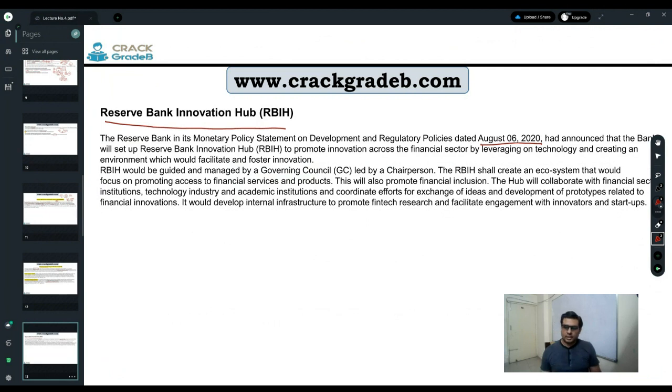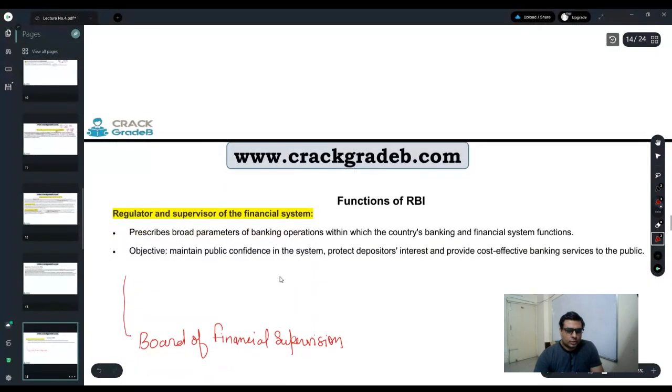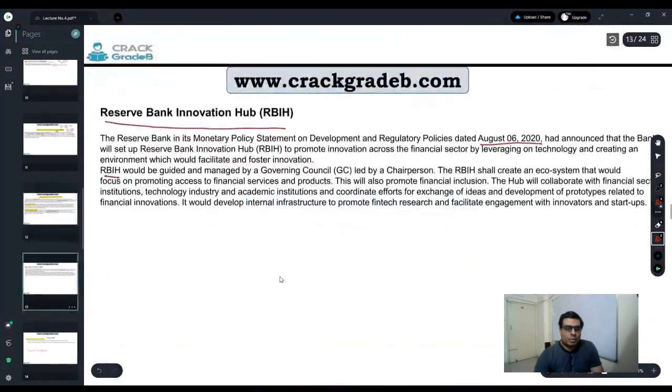Having this in mind, RBI established RBIH, which provides innovative solutions: what kind of solutions we can implement in our system so that our financial system can be more effective. So this is all about the wholly owned subsidiaries of the Reserve Bank of India. The Reserve Bank of India owns these organizations.